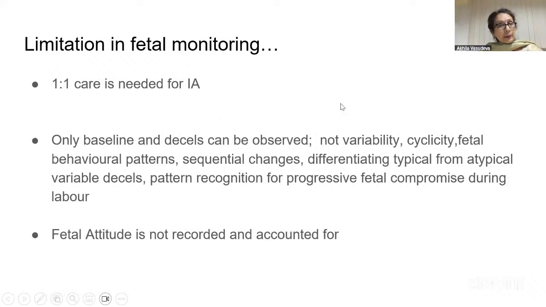So I have deliberately put this because case to case, you sometimes have to alter the way you monitor the fetus. And fetal attitude is also very important in addition to position, and that is not recorded here in the LCG. When you assess the labor, you should also assess the attitude, because an occipito-posterior position with a deflexed head is a different scenario compared to an occipito-posterior position with a well flexed head.